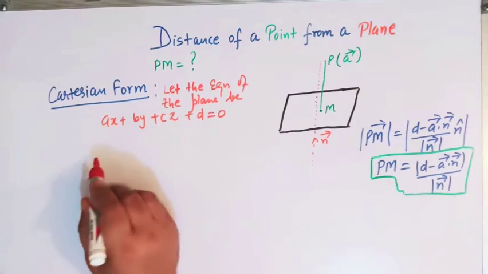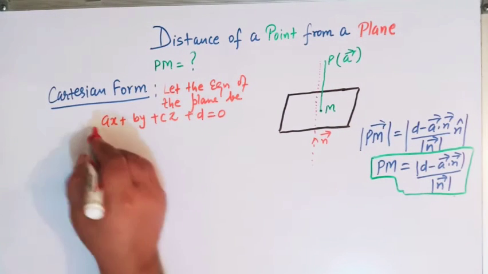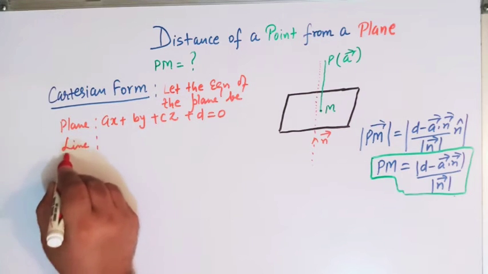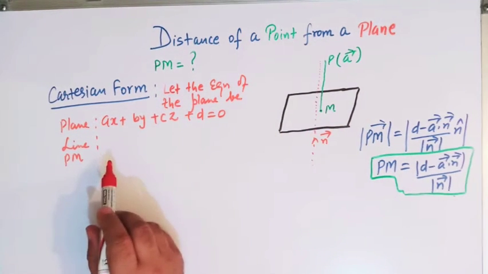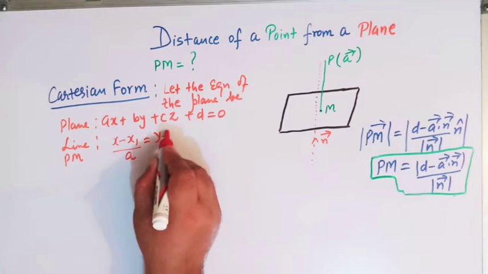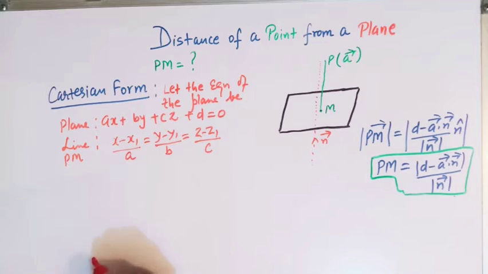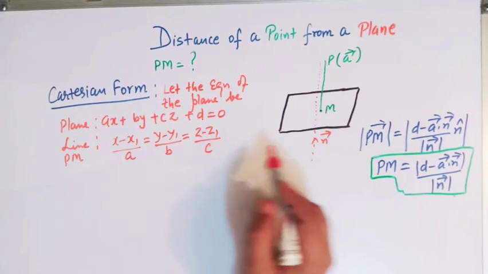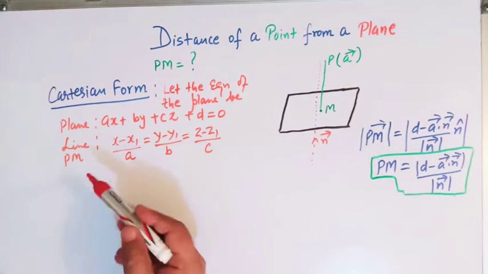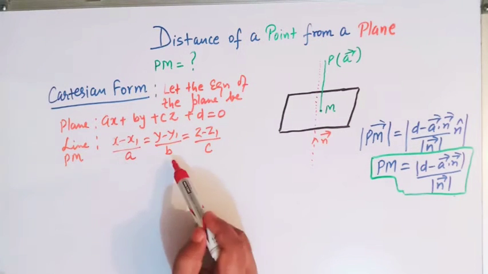Now let this be the plane, and let the equation of the line PM be (x - x1)/a = (y - y1)/b = (z - z1)/c, where a, b, c are the direction ratios of this normal, and the normal is parallel to PM, so the direction ratios of the line PM are a, b, and c.